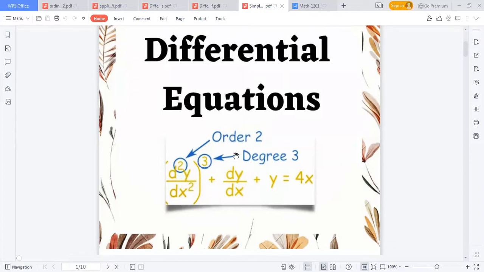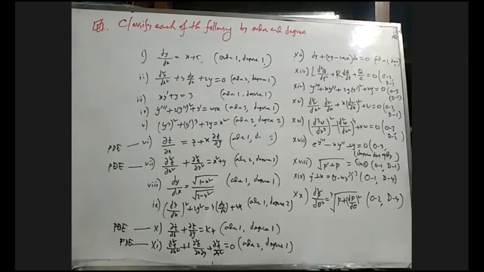This is why the order is 2, and the highest power on the derivatives is 3. This is why the degree is 3. Using this theme, we have classified all these 20 differential equations. Very easy.